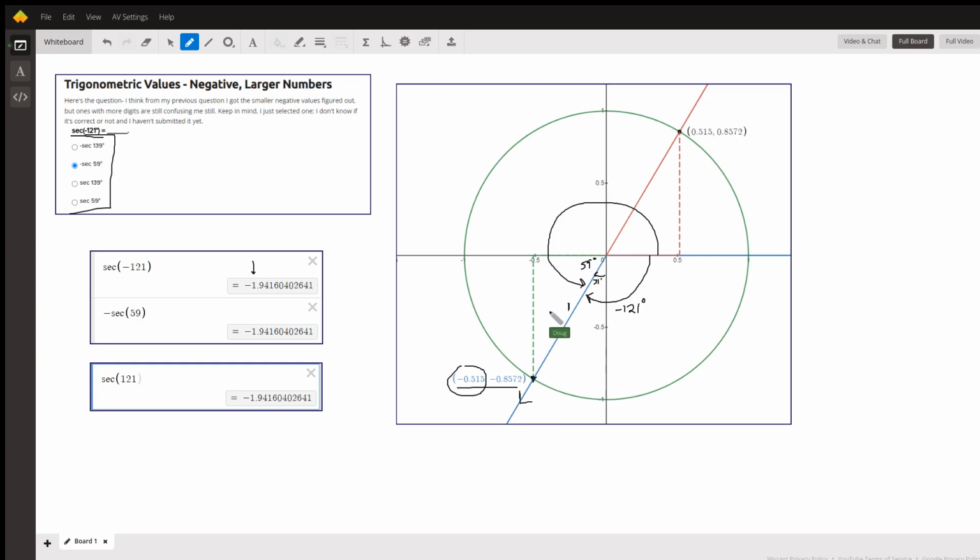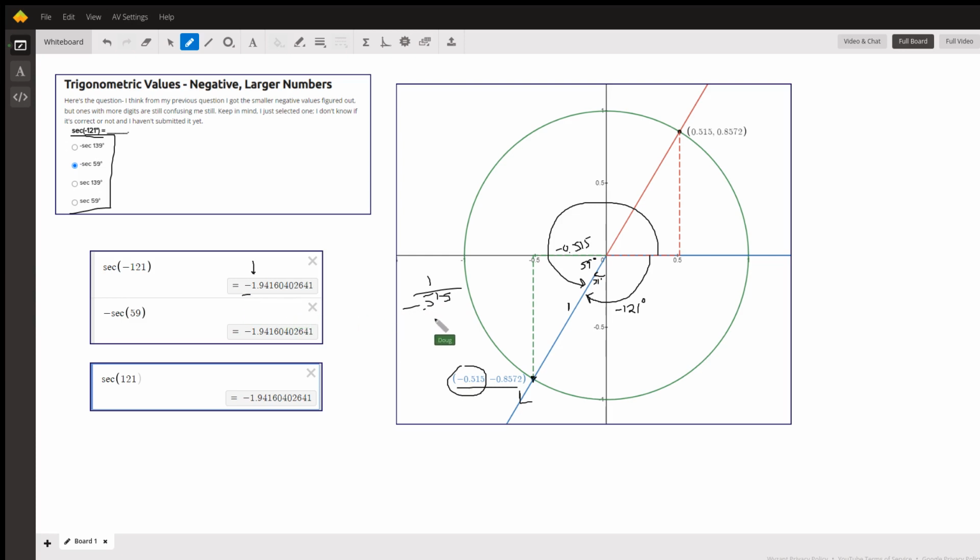So I'll put this negative 0.515 here. The reciprocal of the cosine is the secant. So 1 over negative 0.515 is going to give us this negative 1.94.